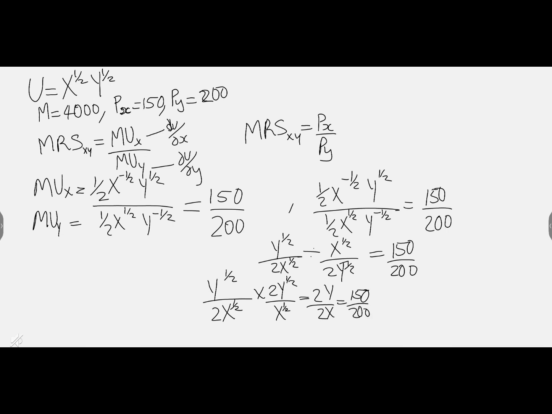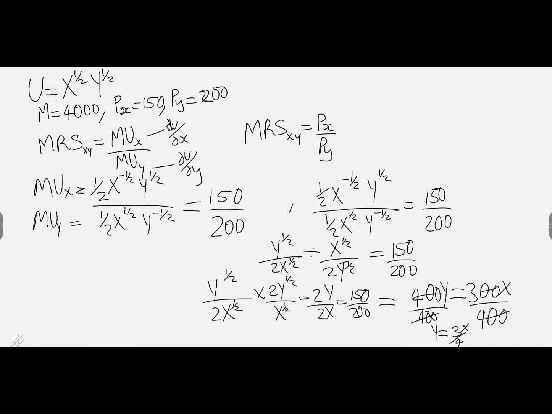So when you cross multiply, you get 400Y is equal to 300X. You can make Y or X the subject of the formula, any one of your choice. So making Y the subject, you divide both sides by 400. So we have Y is equal to 3 over 4X, that's like 3X over 4.